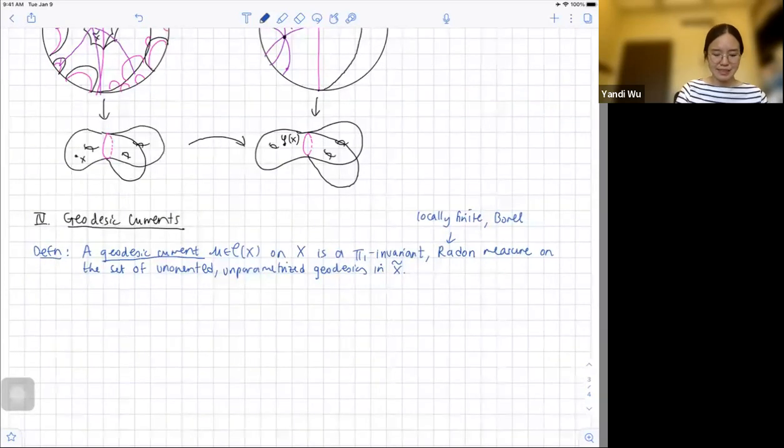And there's some really nice examples of geodesic currents that are really useful. One example is something called a counting current.